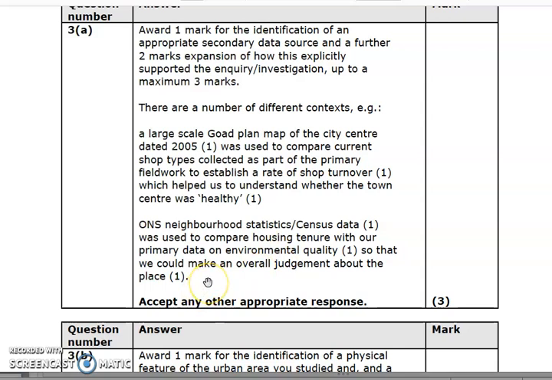So we could do the same on the environmental quality of the different areas and the type of land use or the types of shops or the types of people that lived there in terms of their education, work, etc. Okay, but it's about this idea of stating what it is, why you collected it, and how it helped you out to get those 3 marks, and you can see the point marks there.